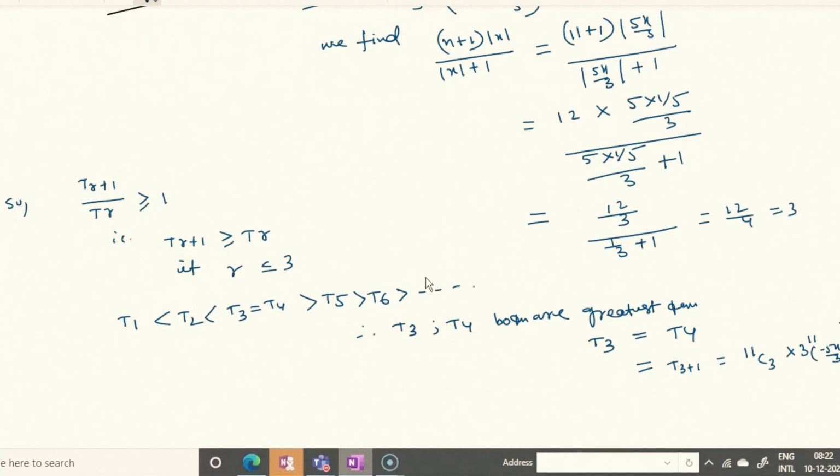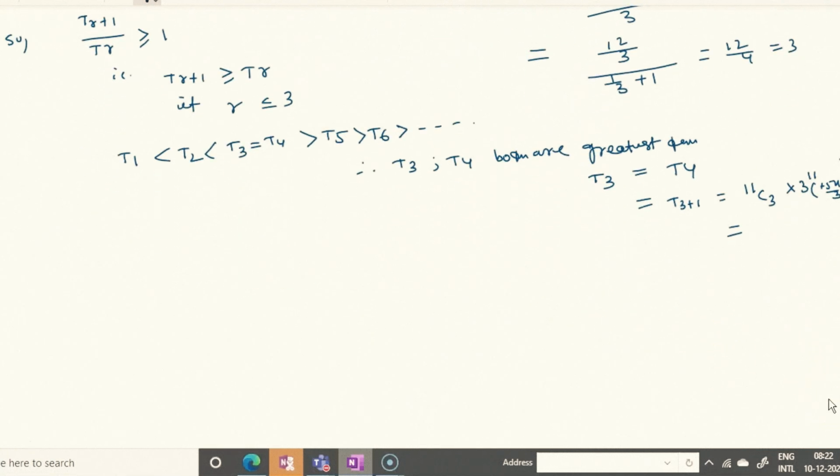So this to the power 3. You take it positive. Just evaluate this. Sum is done. 11C3 into 3 to the power 11 into 5x by 3 to the power 3.